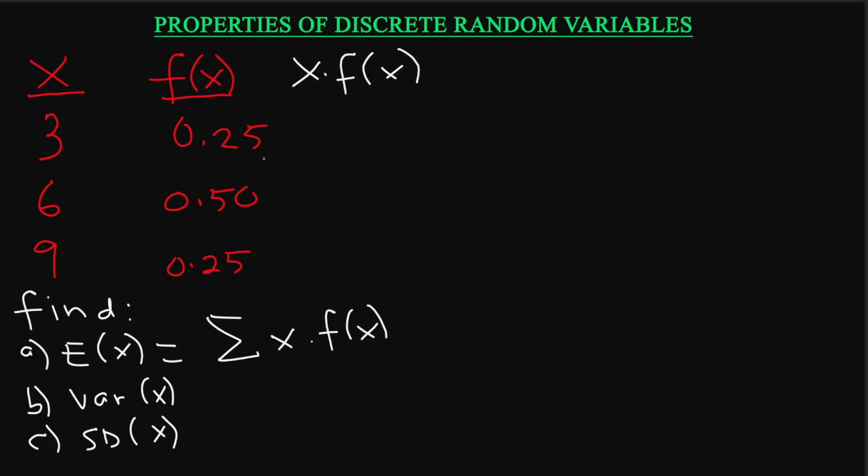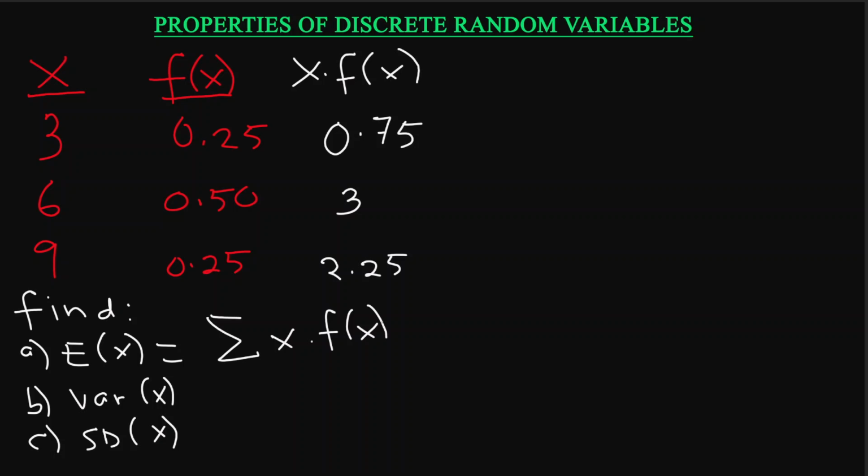So 3 times 0.25 is 0.75. You have 6 times 0.5, that is 3. And you have 9 times 0.25, which is 2.25.